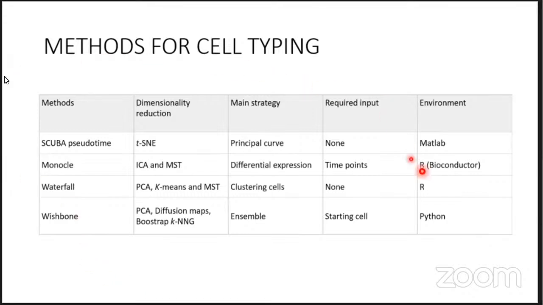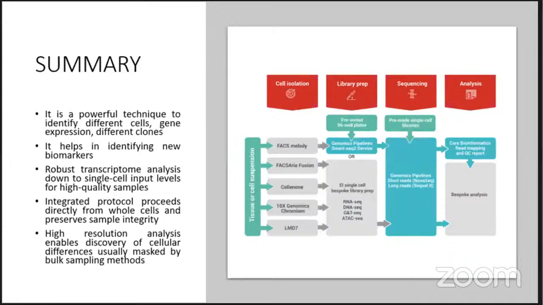Now, to summarize, single cell genomics is a very powerful technique to identify different types of cells, gene expression, and different clones. It helps us identify new biomarkers, which can be very helpful in disease identification, disease monitoring, and treatment, and in identifying new treatment modalities.